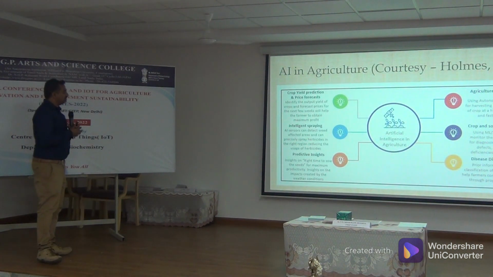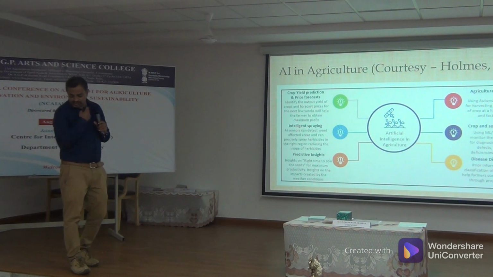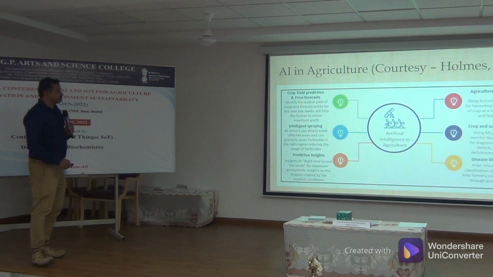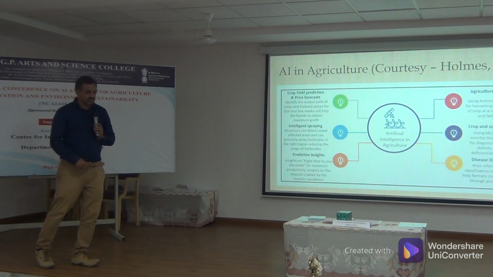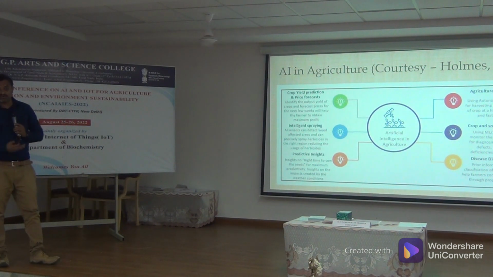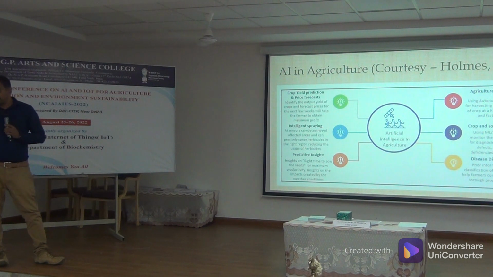Okay. Now let's look into the different applications of AI in agriculture. I have taken this from Wipro. This slide is quite famous, and many of the industries are looking into the agriculture sector and developing some very important applications.